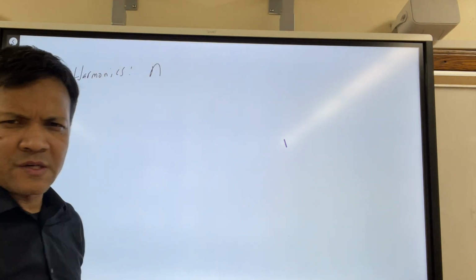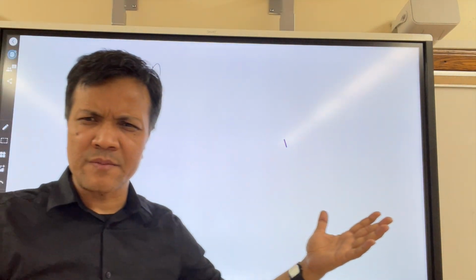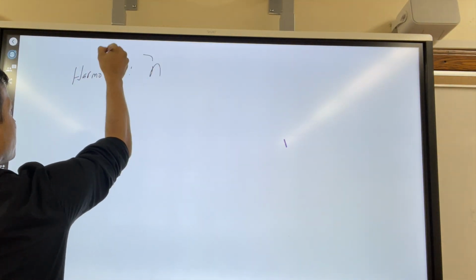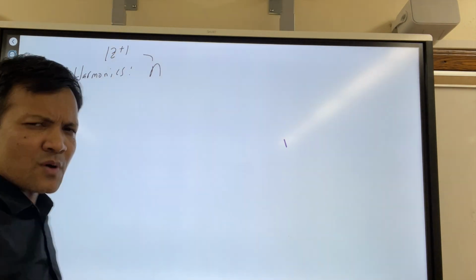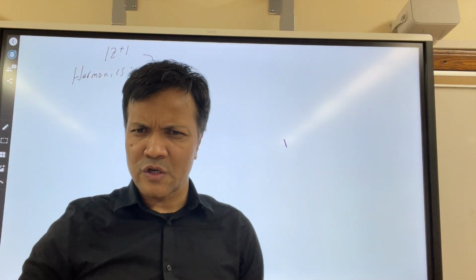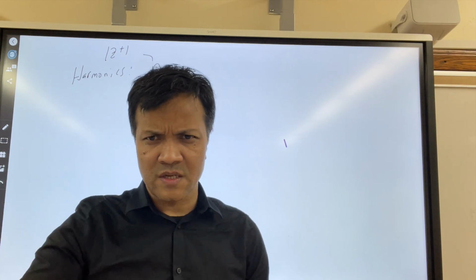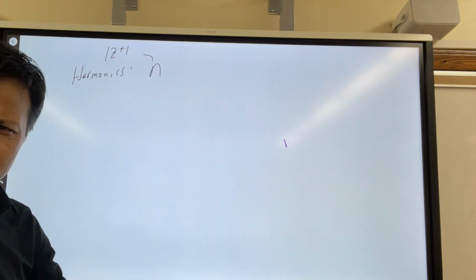What am I talking about? Multiple integers. So this is an integer, n, a positive integer. What is a positive integer? 1, 2, 3, 4. So it allows only whole numbers, positive whole numbers, starting from 1.